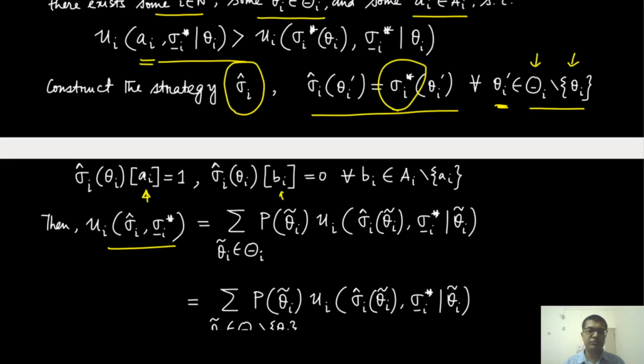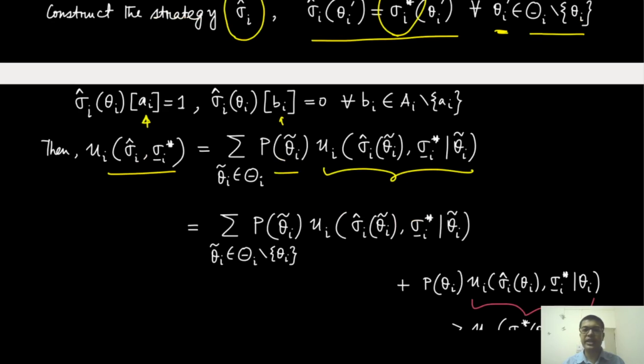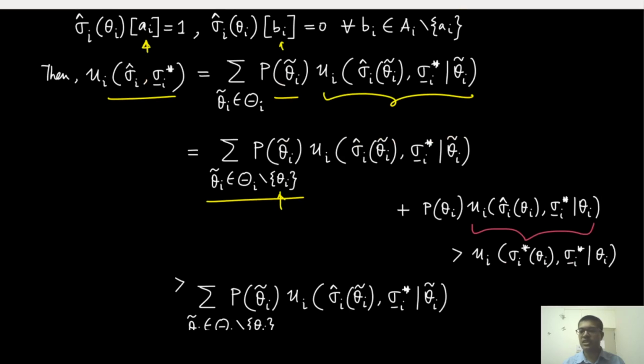Now you can write down the expectation expansion of this utility expression. So you have this E of theta i hat. Just to denote that this is a running variable, we have used a different notation. The inner sum is the interim utility for player i. Now you can break it up into two pieces. One is all the types of player i which are not equal to theta i, and the other term is for theta i. This is just singling out one particular term from this sum.